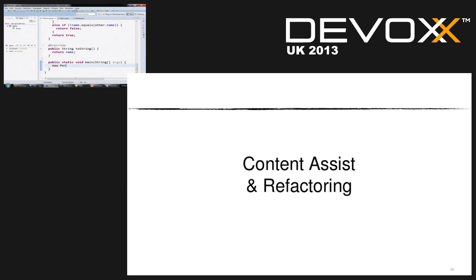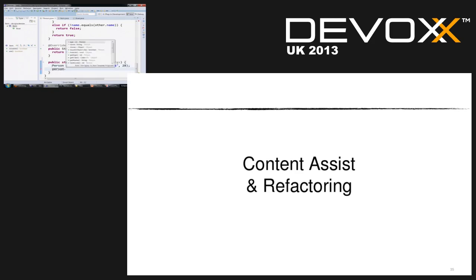And I will need a new person. And I can quickly assign this new person with Alt+Shift+L statement. Usually I can do it if Eclipse would like it for now, but just try it, it should work.